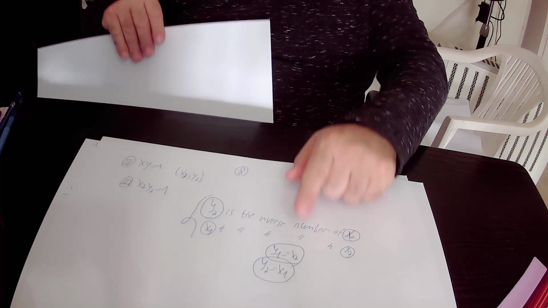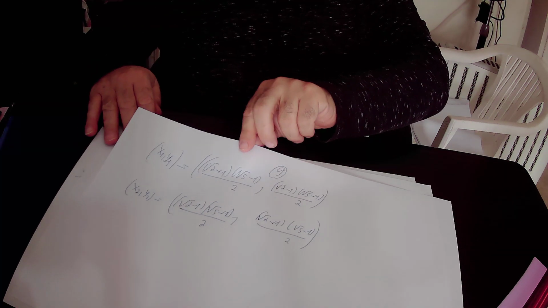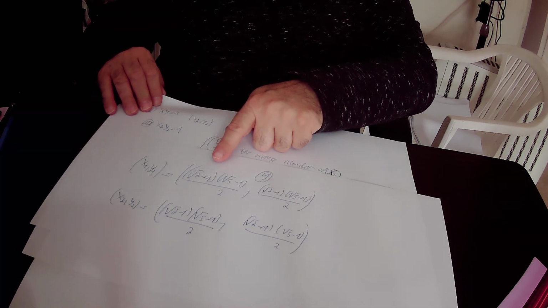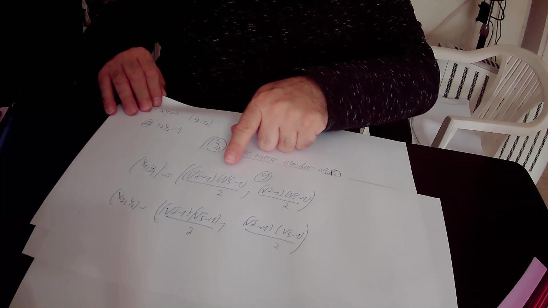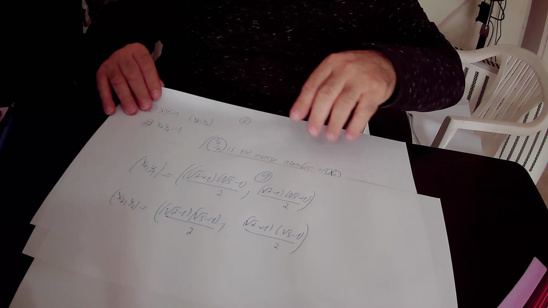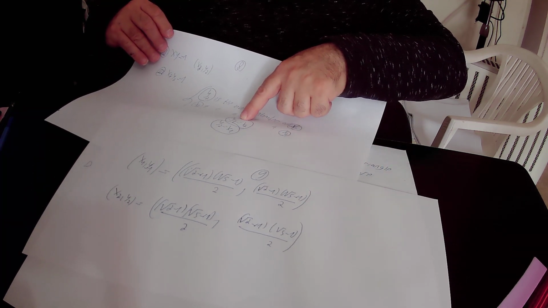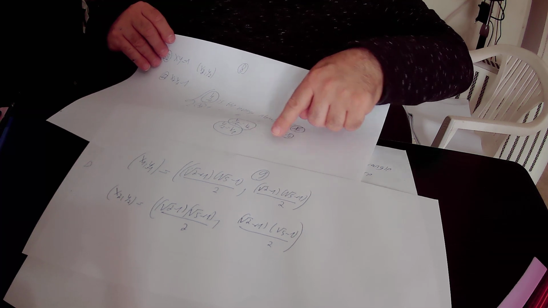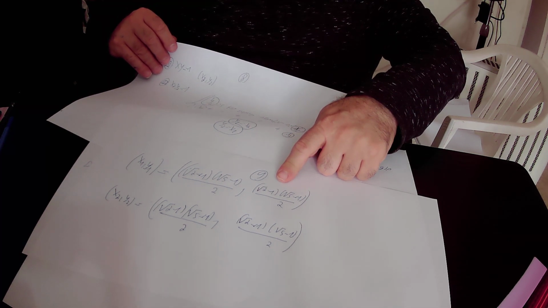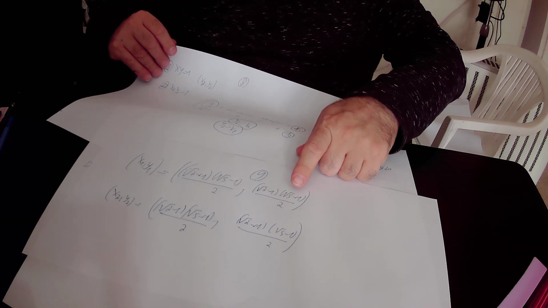And then I presented the solution to the question. The solution is actually x1 is square root of 2 plus 1 times square root of 5 minus 1 over 2. And y1, we already found out that y1 equals x2, that is actually square root of 2 minus 1 times square root of 5 plus 1 over 2.